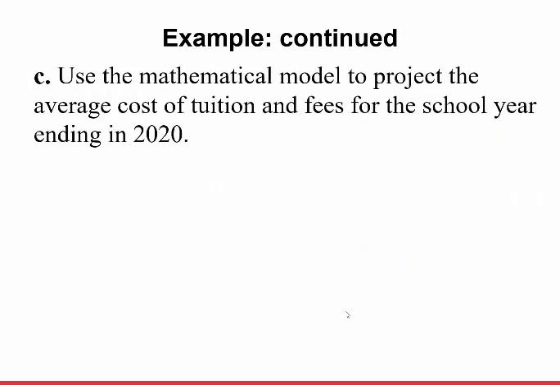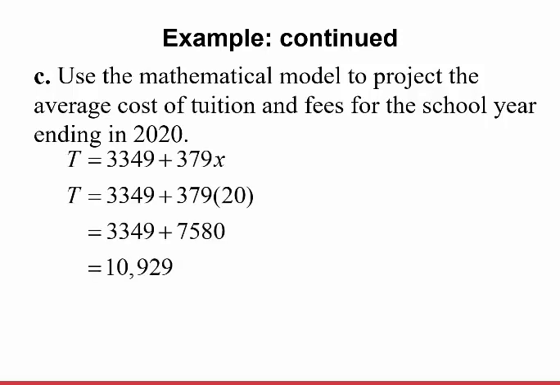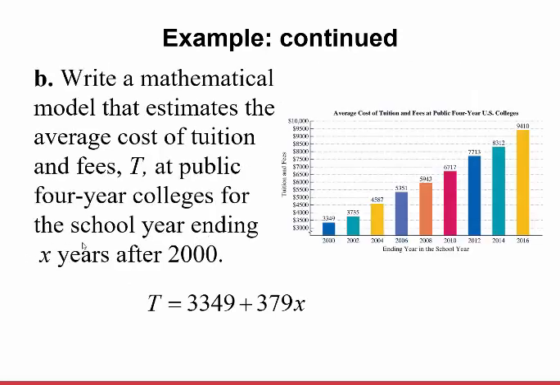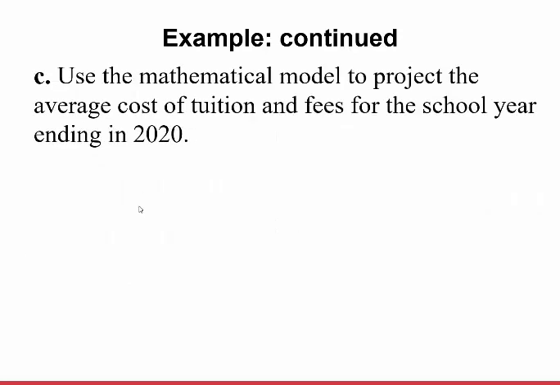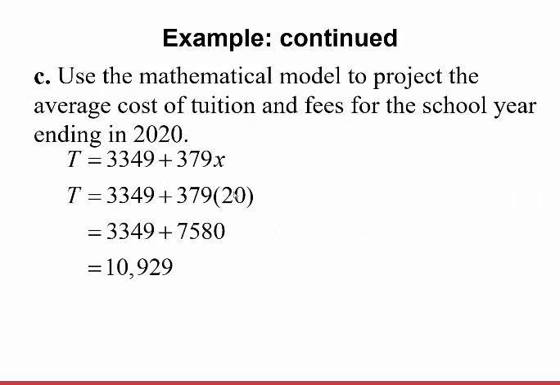Let's use that mathematical model to project the average cost of tuition and fees for the school year ending in 2020. Here's my equation. Remember, X is years since 2000, so 2020 is 20 years since 2000.